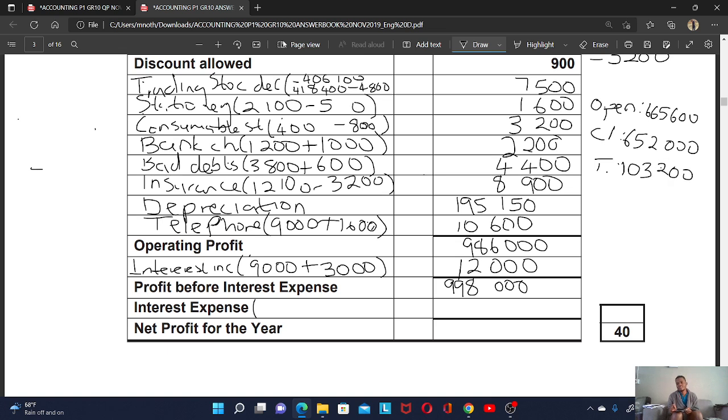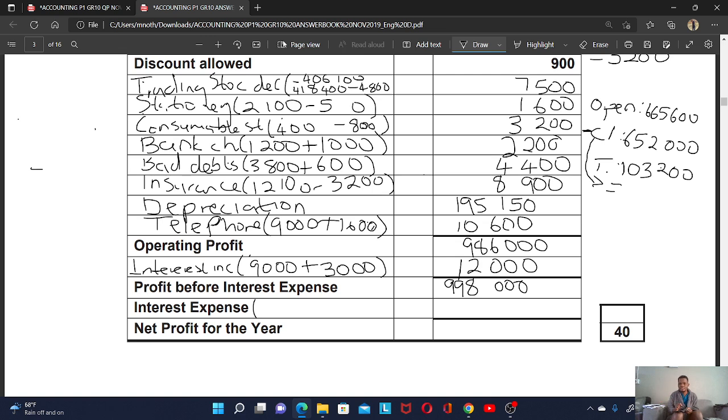Let's subtract the opening balance minus the closing balance. What is the answer? 665,600 minus 652,000.